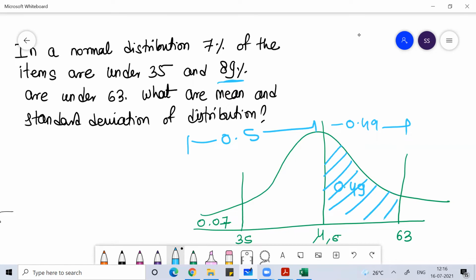If you see the normal distribution table, they give you that value only. For this, I was telling you every time to subtract from 1. So here you can see directly 0.89.